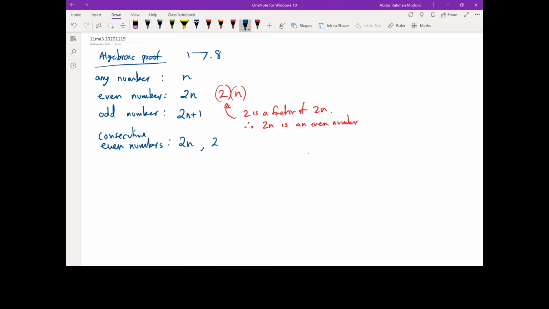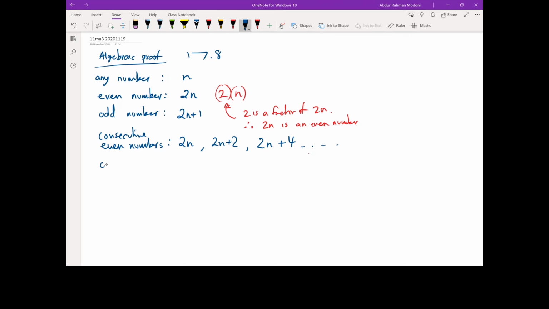The next one would be 2n plus 2, because to go from one even to the next even, you add 2. Did you get that? You can also do 2n minus 2. And then the next one would be 2n plus 4. They are consecutive even numbers, dot, dot, dot.